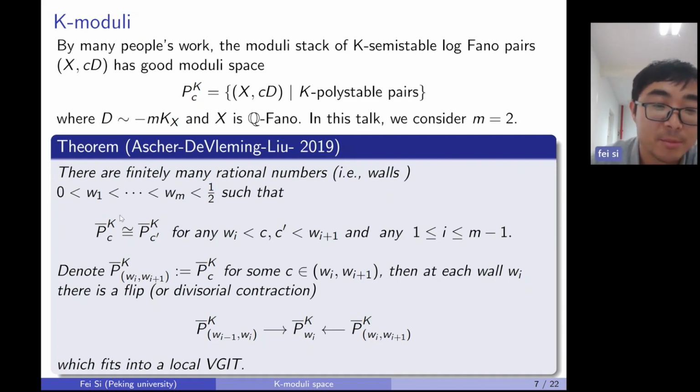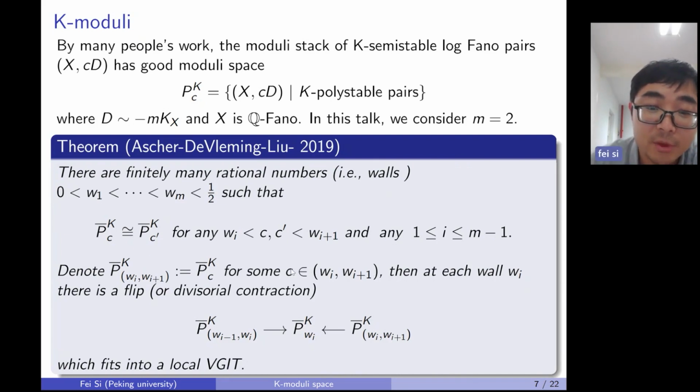Actually, they have natural isomorphisms. So we can define this space for C in the same interval.